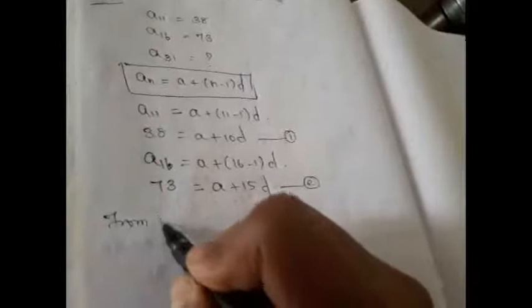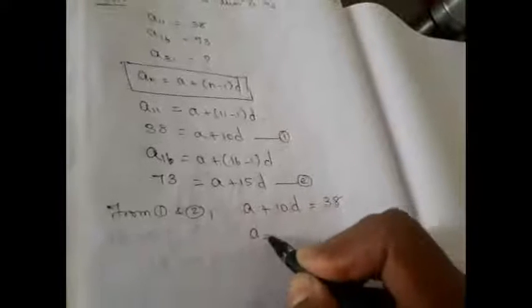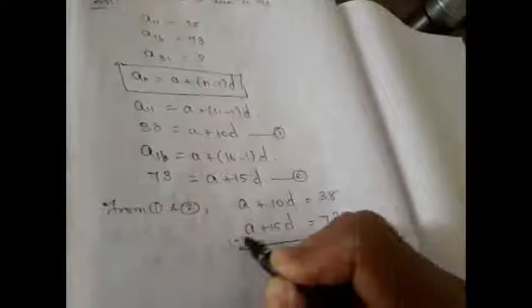Now simplify the first and the second equation. From 1 and 2 we are going to eliminate A. We have A plus 10D equal to 38 and A plus 15D equal to 73. Now we are going to subtract, so change the sign, and A will get cancelled. 10 minus 15 is minus 5D.